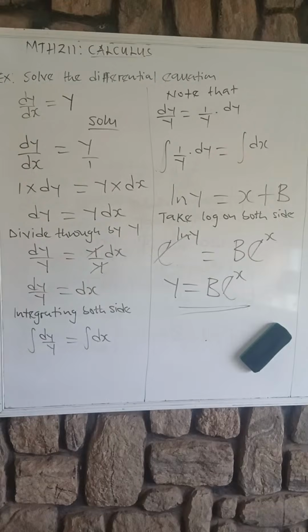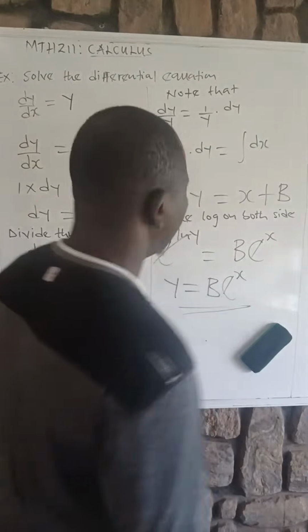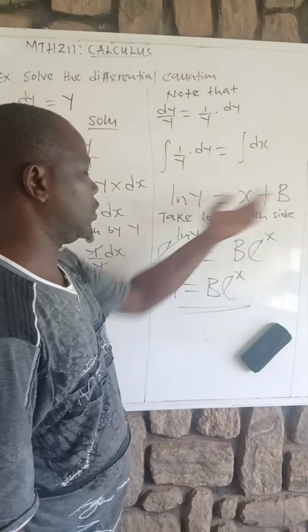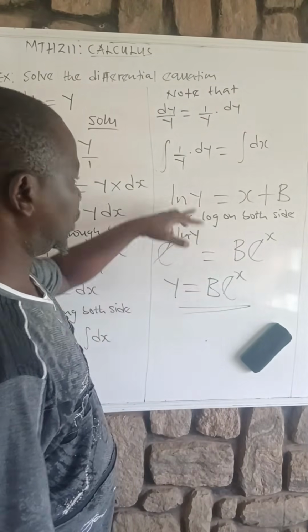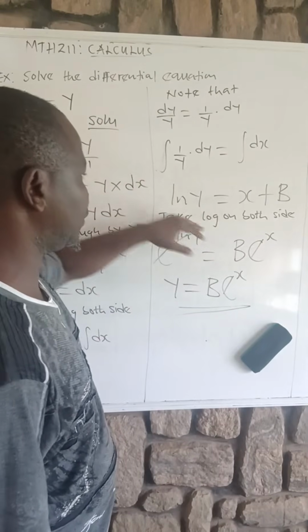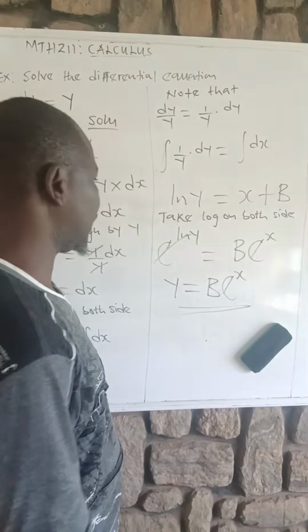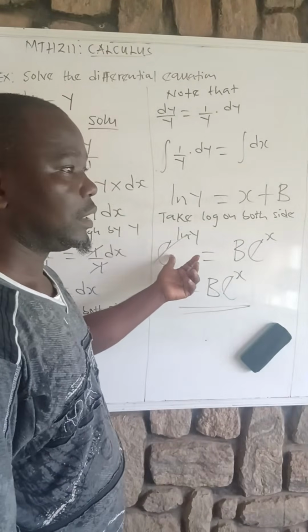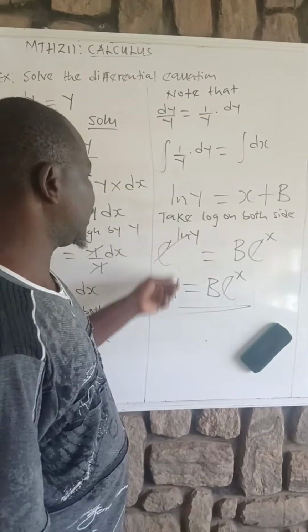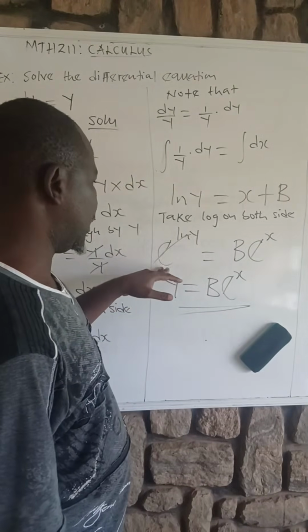Okay, I should throw more light. I will do that. What I'm trying to say is if you come across equations of this form, we are looking for y, not ln y. So you have to take log on both sides, natural log. The natural log is exponential, so this and this will cancel.